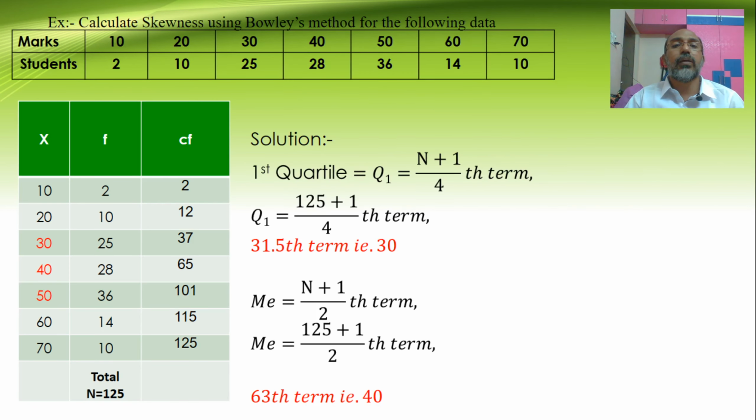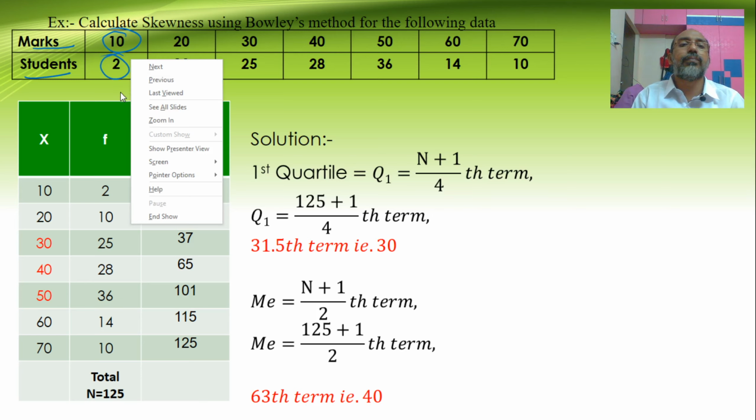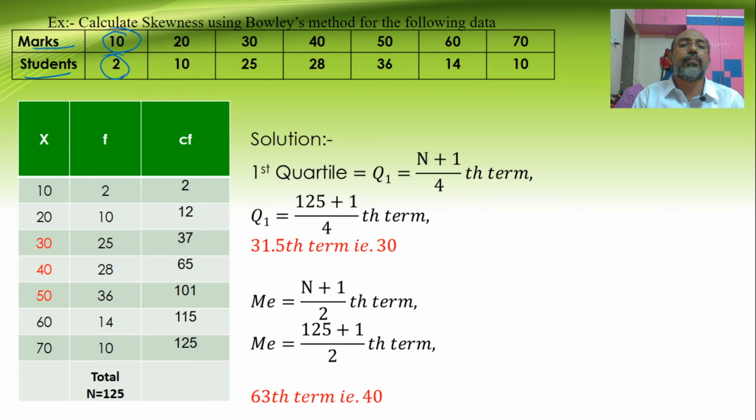So this is regarding the individual data set. Next we go to another data set. What type of data is it? Marks are given and students are given: for 10 marks, how many students got it? 2 students, just like that.